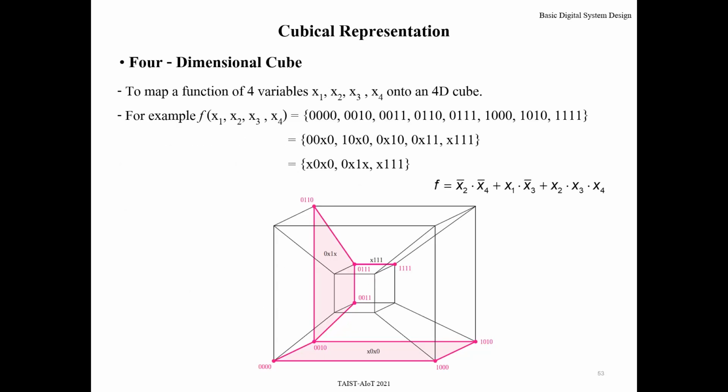So you may see that it's convenient to write with this representation. You need not write in sum or product terms. You just list the values of the input variables that make the function 1, and for a variable that does not affect the value, which can be both 0 or 1, you write it as x.